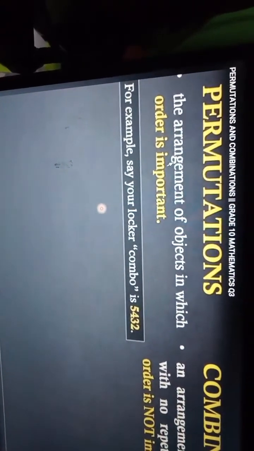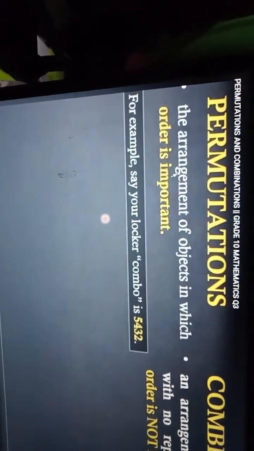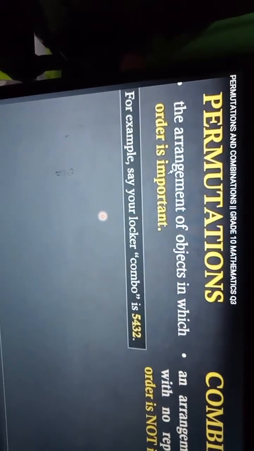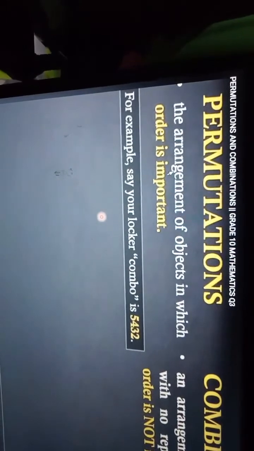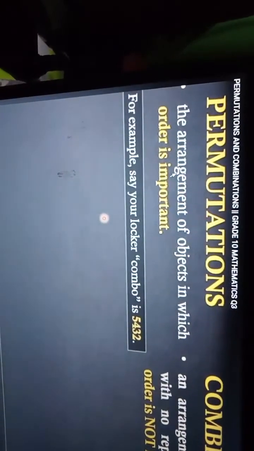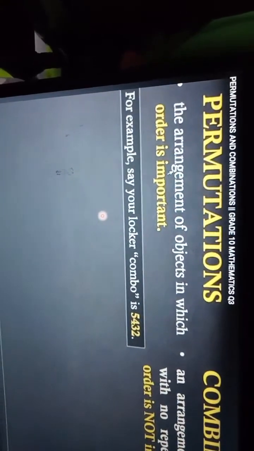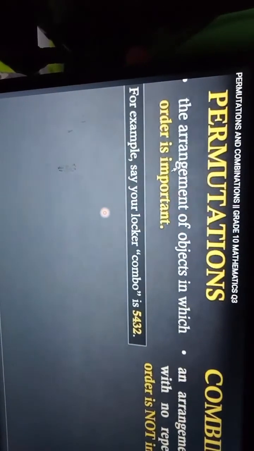If it is a marble, then focus on the color. So distinguish first. Say for example, we have 5 red marbles and 6 brown marbles. That can be the n sub 1 and n sub 2.